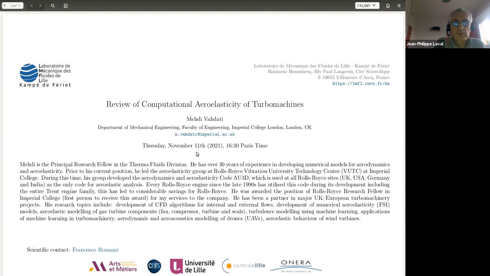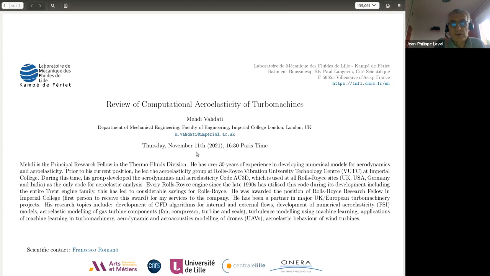During this time, his group developed the aerodynamics and aeroelasticity code AU3D, which is used at all Rolls-Royce sites in UK, US, Germany, or India as the only code for aeroelastic analysis.